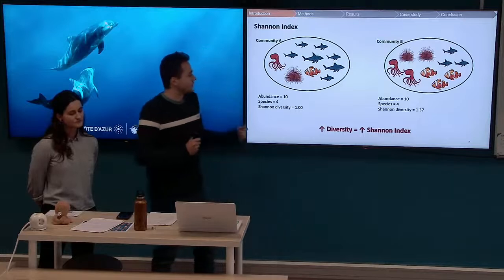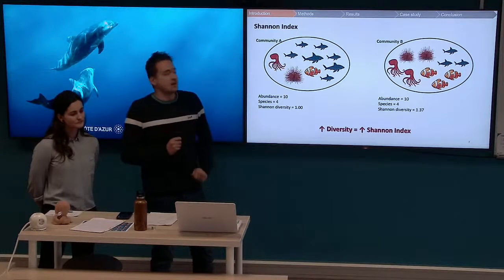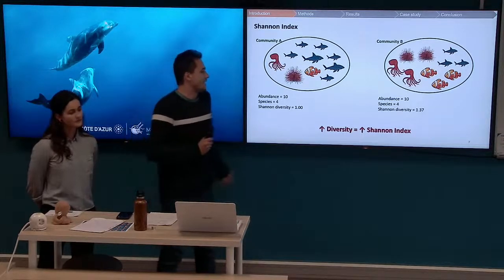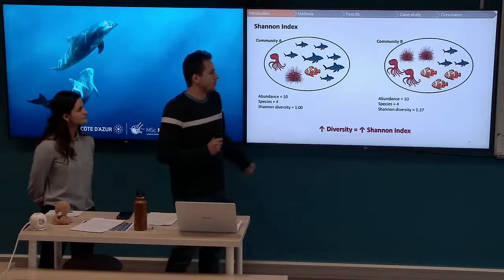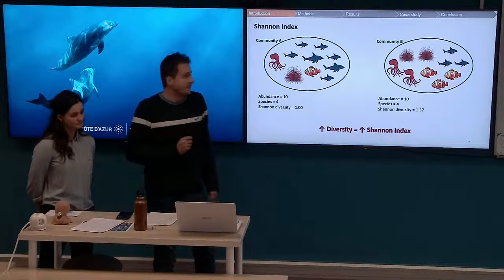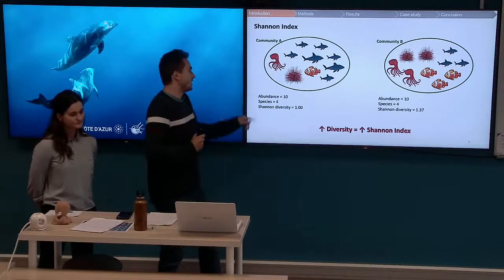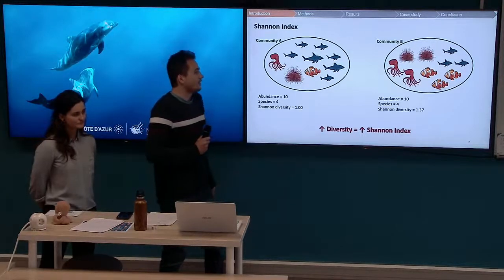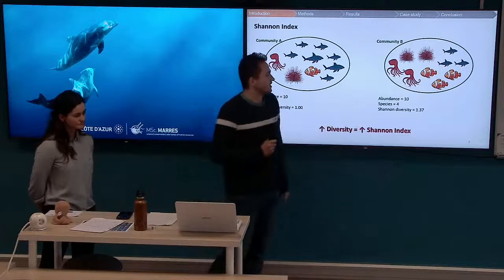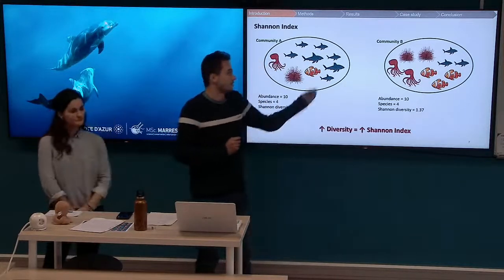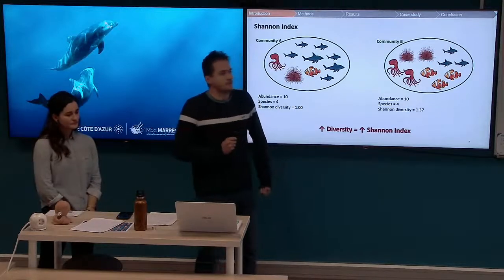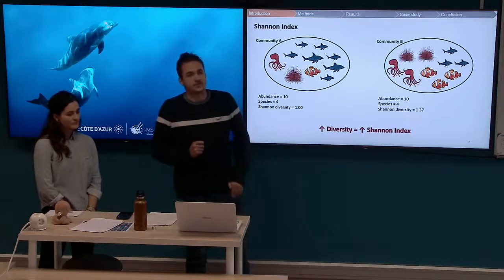This score gives us a hint about the biodiversity level. The higher the Shannon index score, the higher the biodiversity. For example, in community A, Shannon diversity is only 1, and Shannon diversity is higher in community B, so we can conclude that community B seems to be more biodiverse according to the Shannon index.